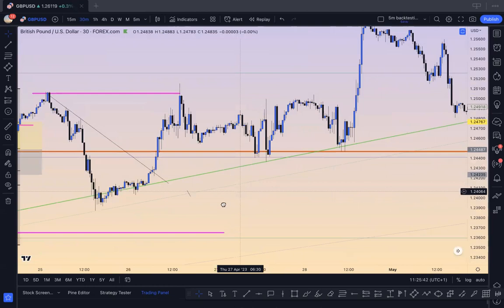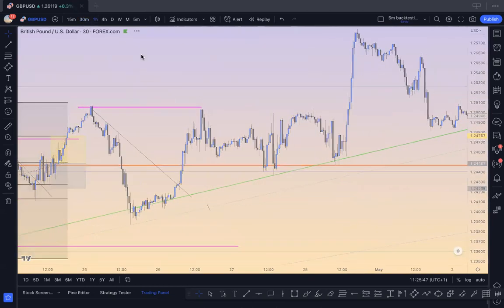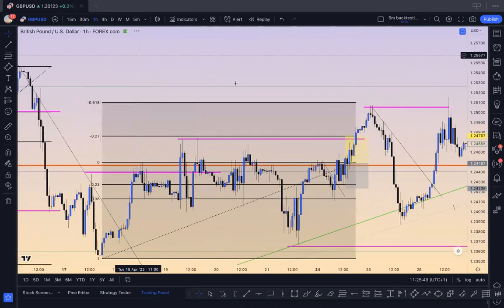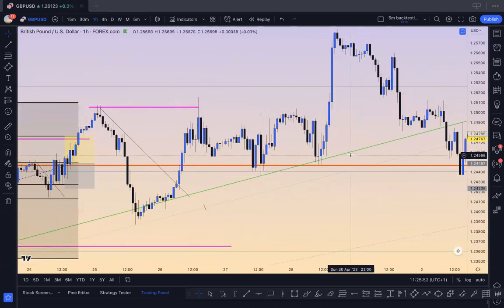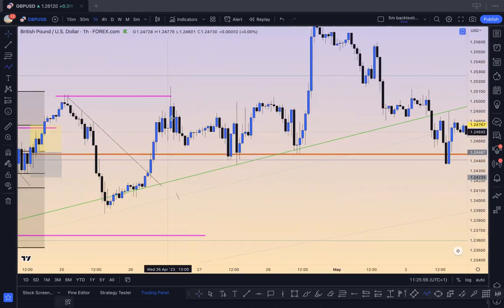Now, on the 1 hour, we can clearly see this trend. Sorry, I'm in a construction site and there is banging now. So this was the trend, and then it went up.